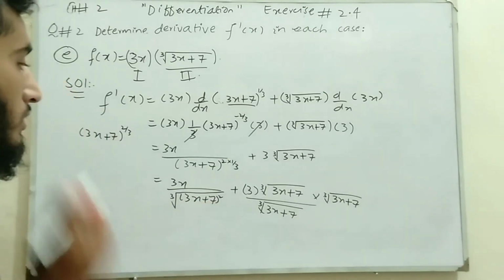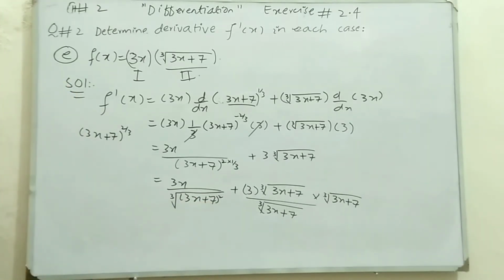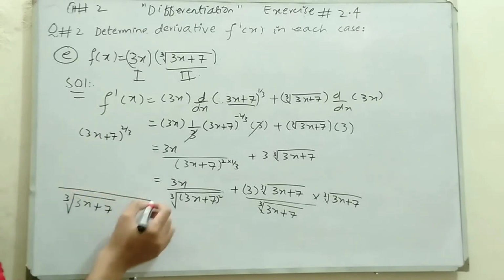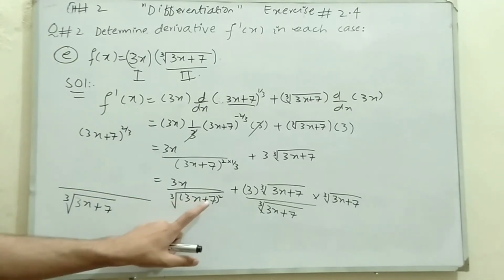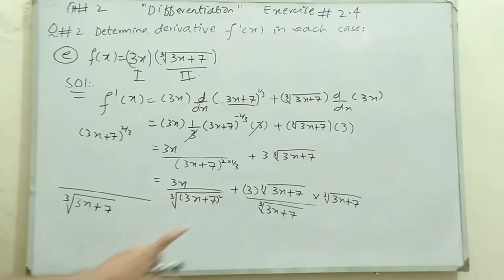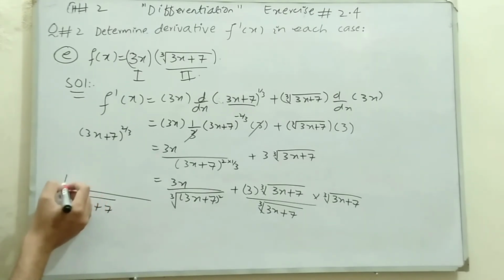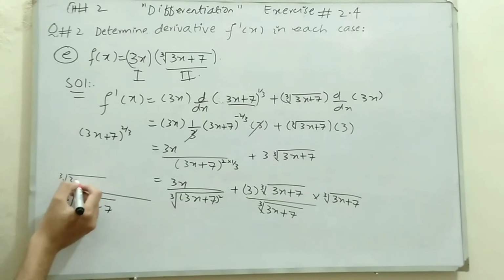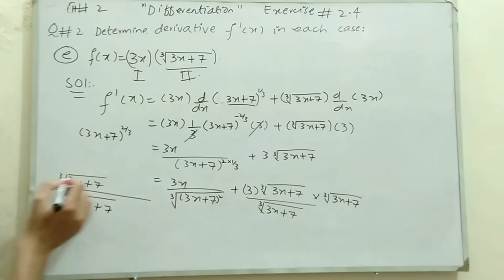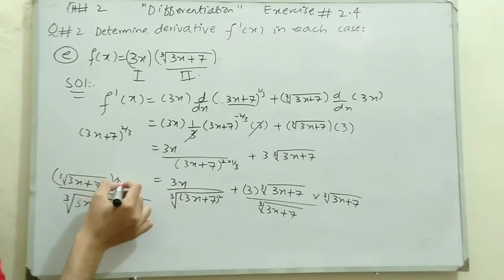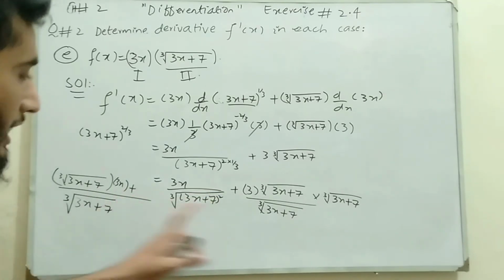Now here we are going to take the LCM of 3x plus 7 cube root. Here we have cube root of 3x plus 7, just a single cube root of 3x plus 7. So here we will take another cube root of 3x plus 7, multiplying 3x, and plus here cube root of 3x plus 7.